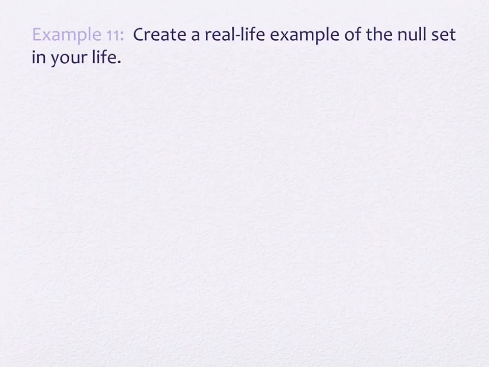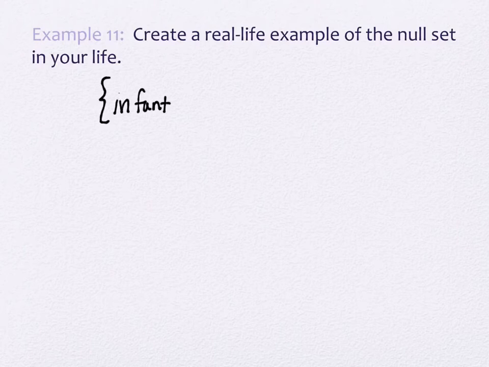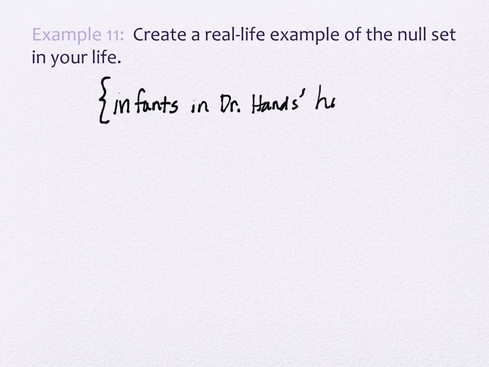By the way, it's worth noting that my example used to be the teenagers in my house, which is not a null set anymore in my life. So, instead, we're going to do the infants in Dr. Hand's house. That's a null set. It describes something for which there are 0 of. There's 0 infants in my house.